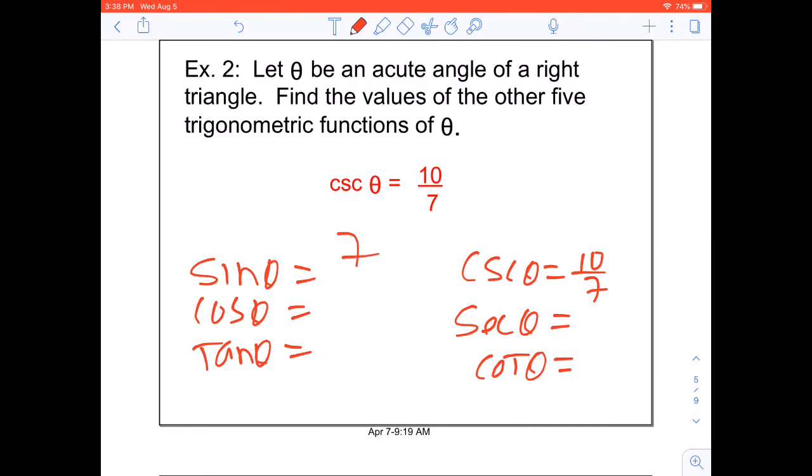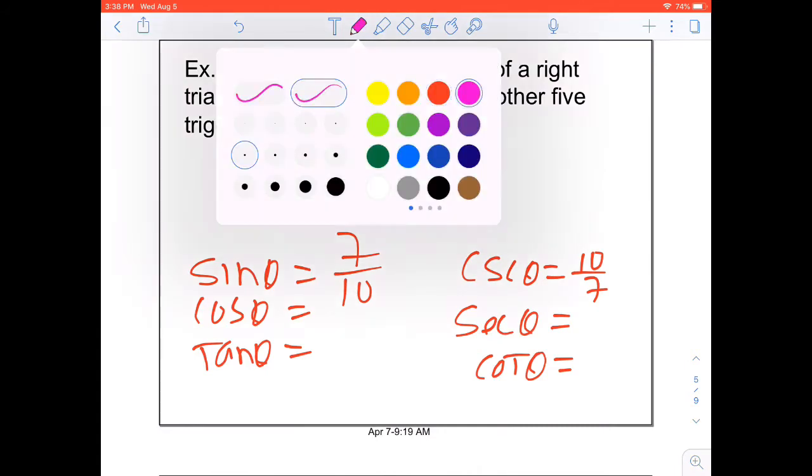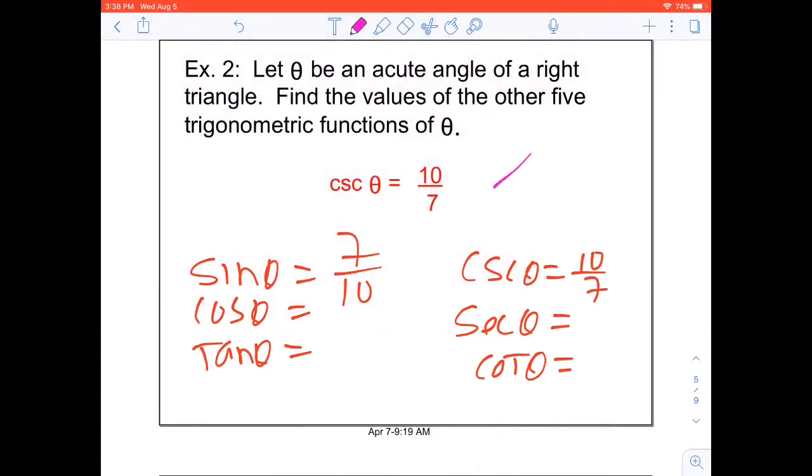So I know that the sine is 7 over 10. Got that pretty quick. But now we have to find the other 4. So I like to make this visual. I'm going to go ahead and draw a right triangle. And you may assign theta anywhere you want. So again, I know that the sine is opposite over hypotenuse, so that means my opposite is 7, 10 is my hypotenuse, so I'm going to have to do Pythagorean theorem.